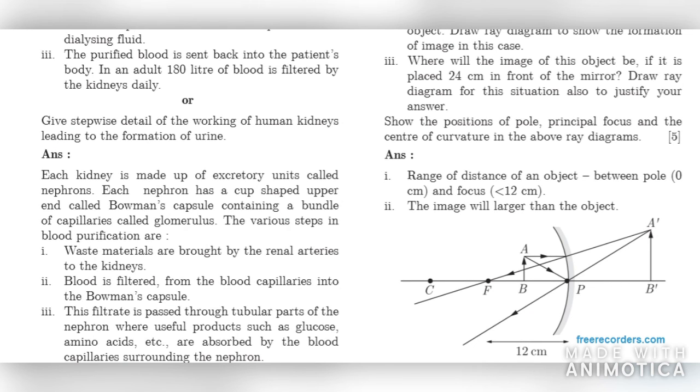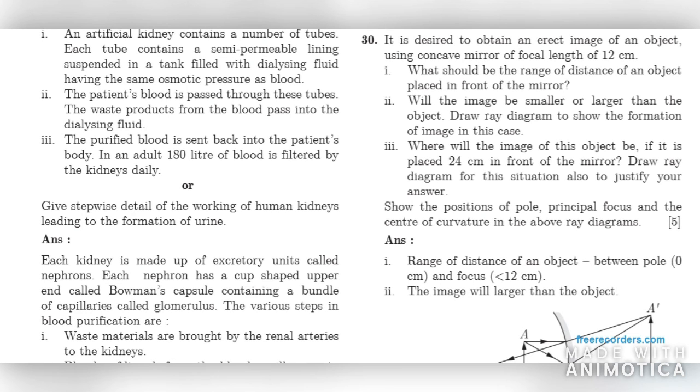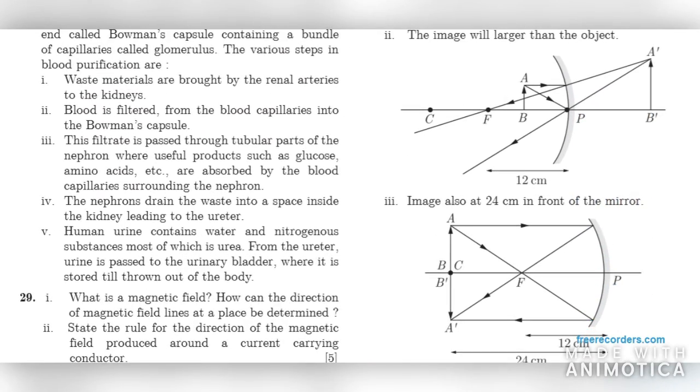You can see the image is between F and P, so the image will be larger than the object, as can be seen from the ray diagram. This is the answer for the second one. Now you have to draw another ray diagram based on the question. It says where will the image be if the object is placed 24 cm in front of the mirror. Now it is at 24 cm, which means beyond F, at C because it is twice the focal length.